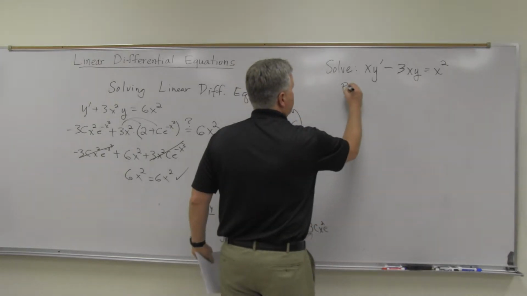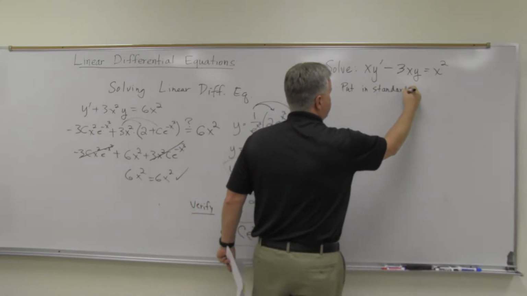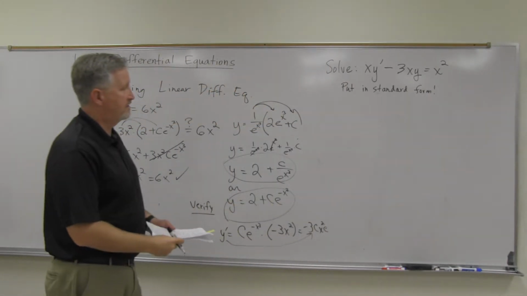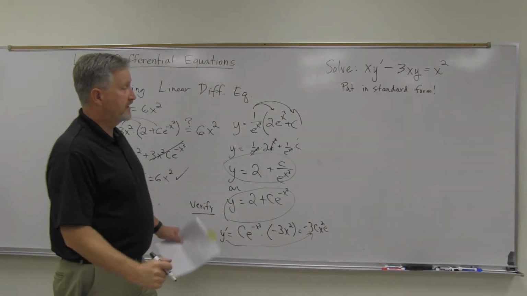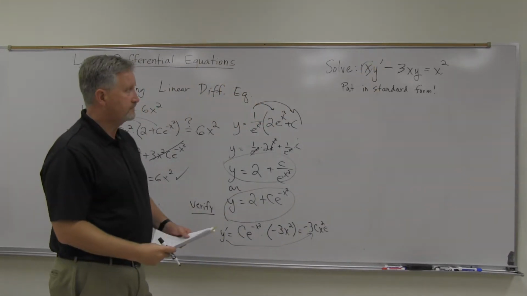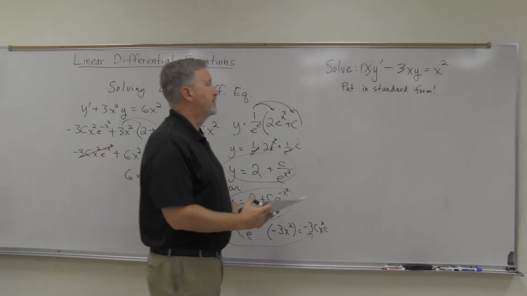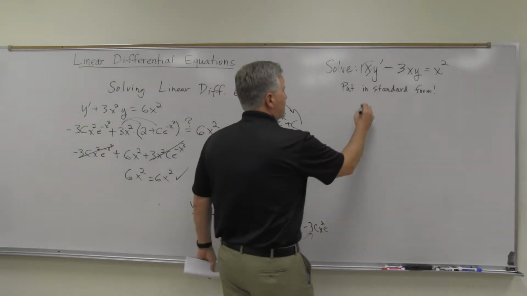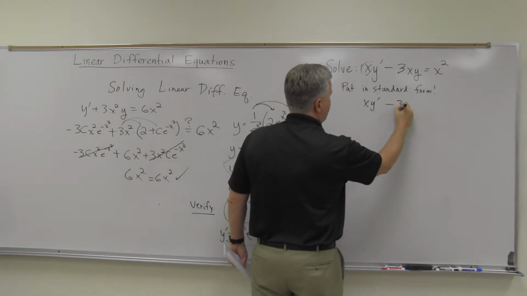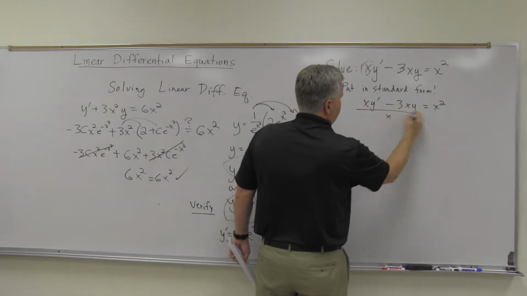So be sure what you're starting with here is in standard form. This one, again, is not in standard form because of this little x here. That y prime needs to have coefficient 1. Nothing multiplied in front there. So we're just going to divide both sides by the x.